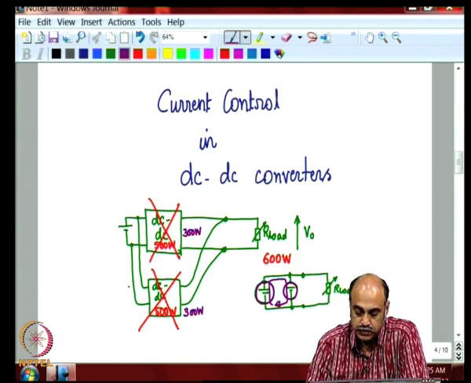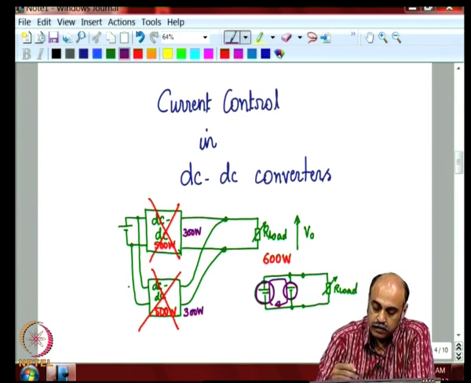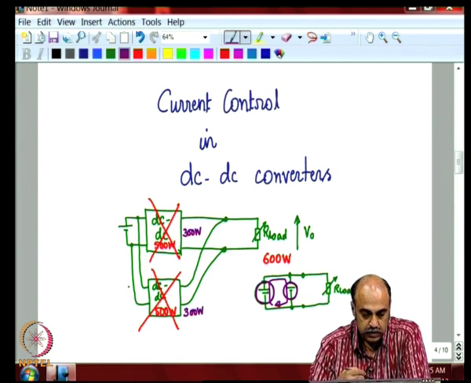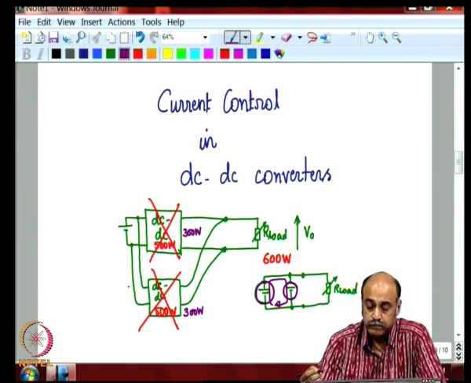It can blow up both the sources, or it can blow up one source and a load which is exceeding the rating of the other source can blow up the other source. Whatever sequence, these sources will go bad.